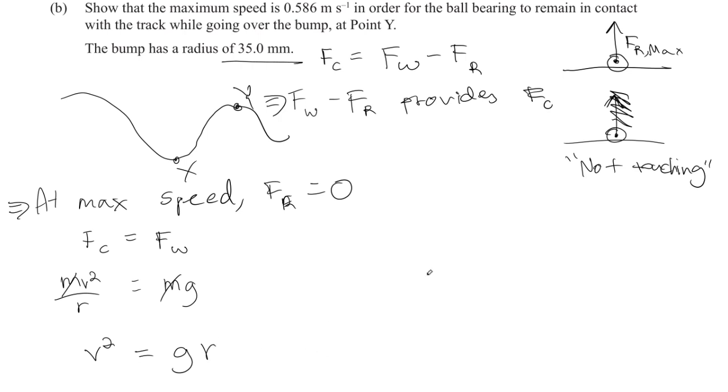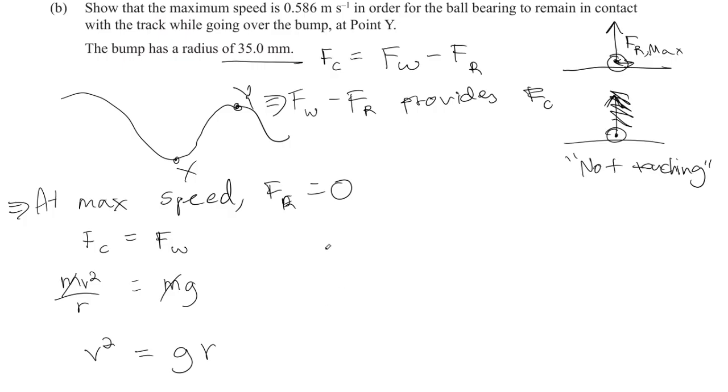And why are we not using the radius of the ball bearing and the radius of the bump? It's because this is the bump that we're traveling, okay? We're not using the radius 7.00 millimeters. We're using the radius of the bump because we are currently traveling on it, okay?